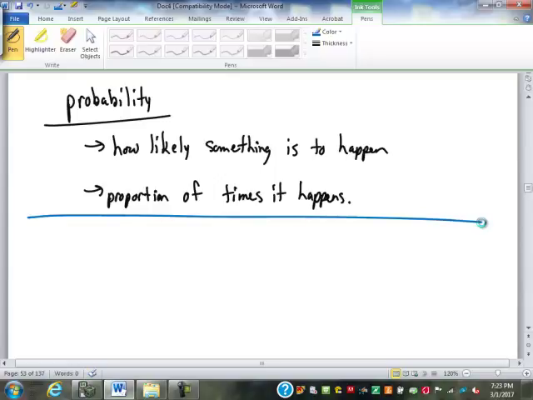So, what basic probability is looking at, we have these events that we are looking at. An event might be drawing a number for the lottery or flipping a coin or whatever. And an event has outcomes.